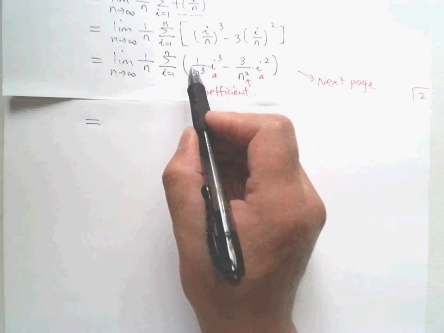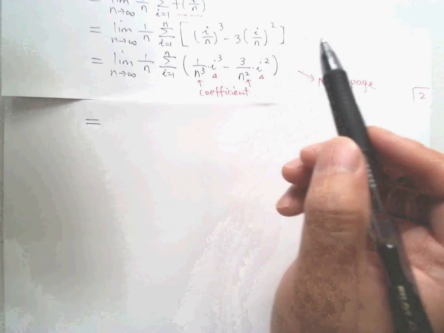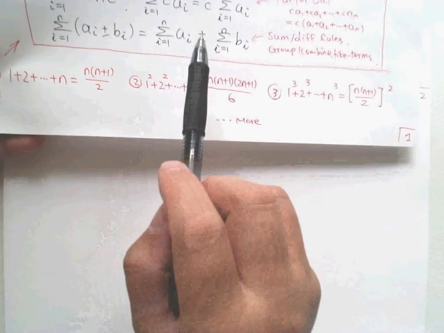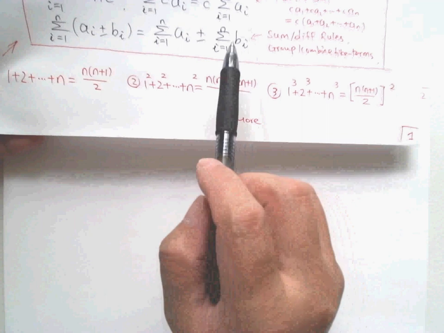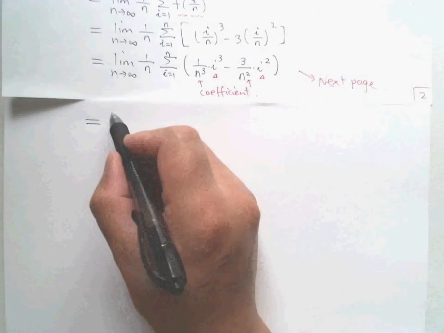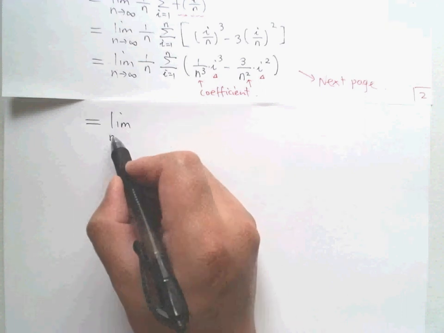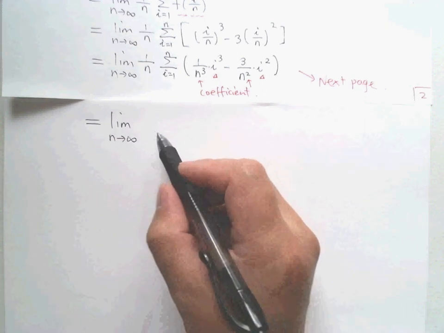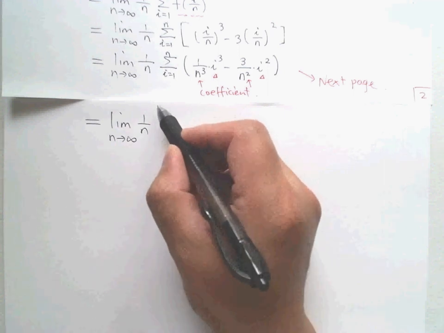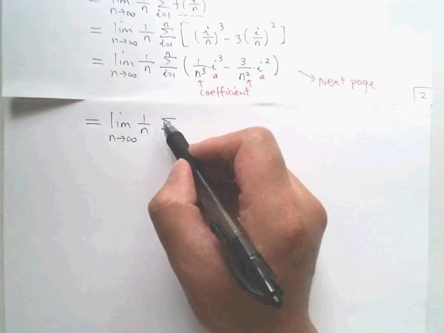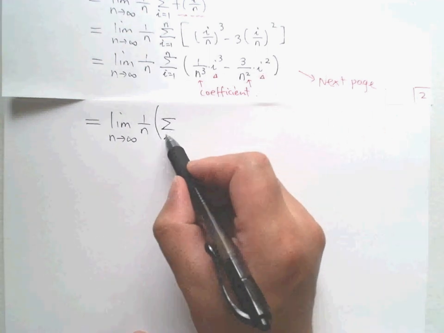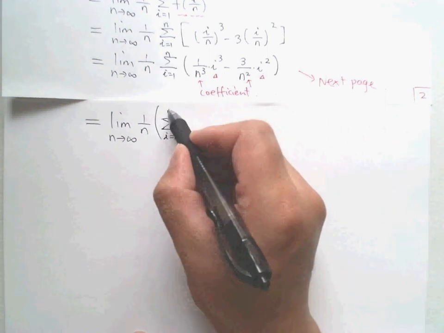Do you remember? We have a difference rule. So the sum of a_i minus b_i is the sigma of a_i minus the sigma of b_i. We use this difference rule to get the limit as n approaches infinity of 1 over n, and this time we have 2 sigmas, right? So this one minus this one, we have 2 sigmas, i equals 1 to n.